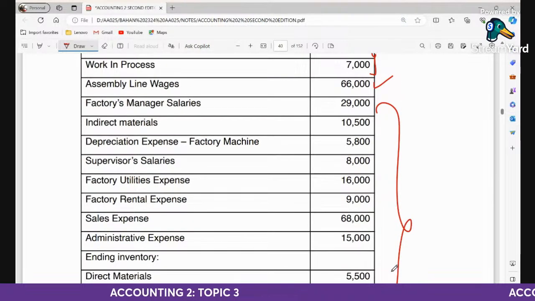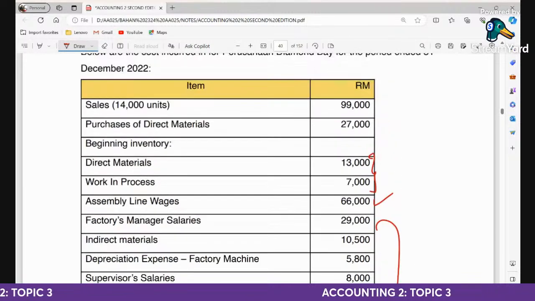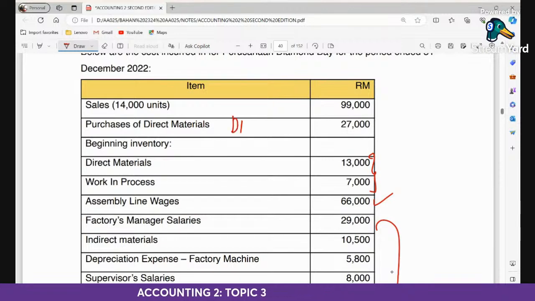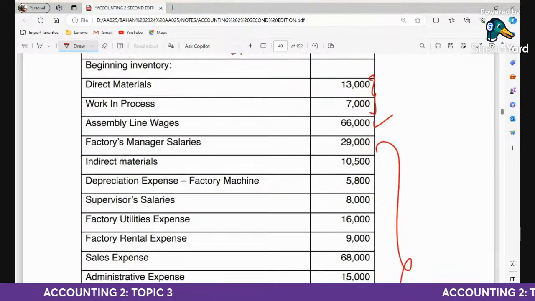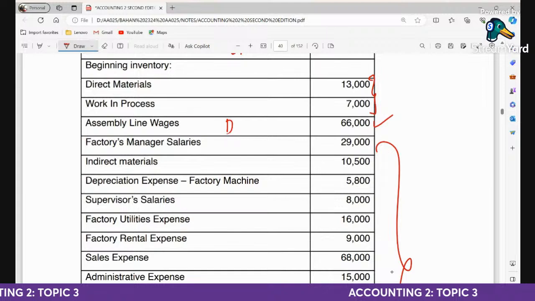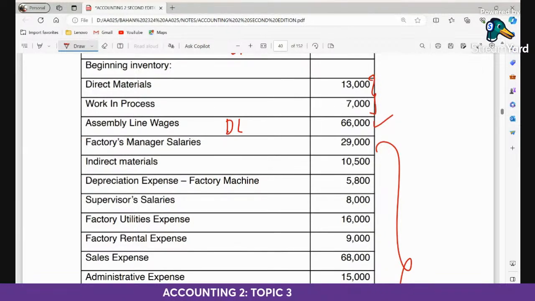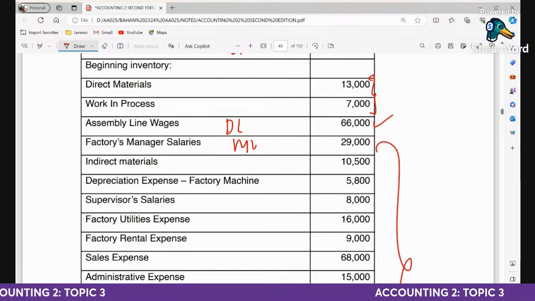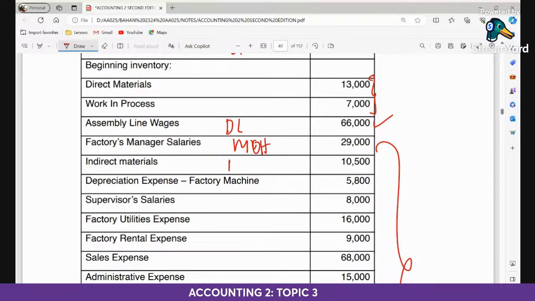classify macam biasa. Okay, so this is your DM, yeah. This is DM, okay. And then you have your DL here, all right. Okay, factory manager salaries, this is your MOH. Okay, yang ni ialah MOH. Okay. And then kita ada indirect material, that is also MOH.